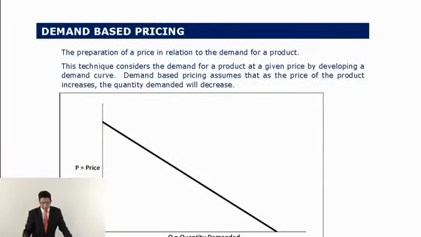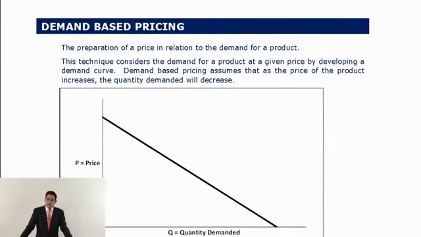Here are the applications. Demand-based pricing. First of all, we are trying to understand the relationship between price and demand of the product. What we know so far is that both forces, demand and price, relate to each other in an inverse way.